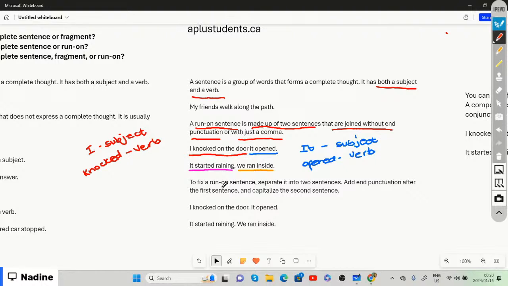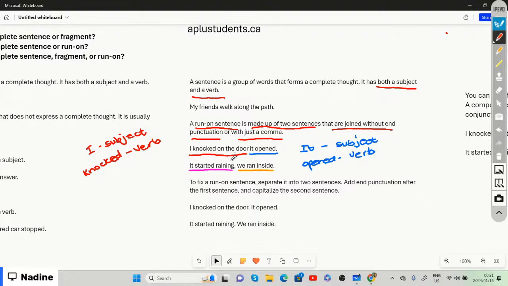And in order for us to fix these run-on sentences, we're going to have to separate these sentences into two, just like I did by separating it, as you see with the colors. I separated according to I knocked on the door, underlined with red, and it opened, underlined with blue, for example.